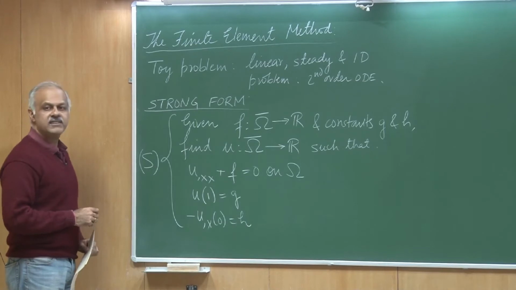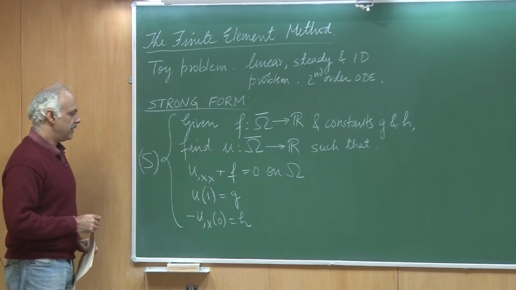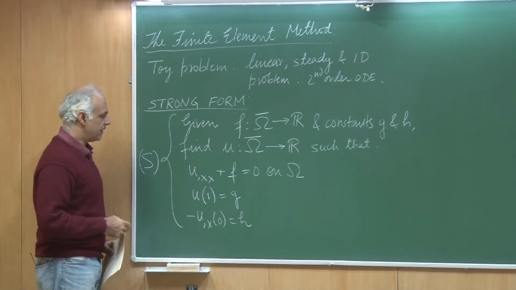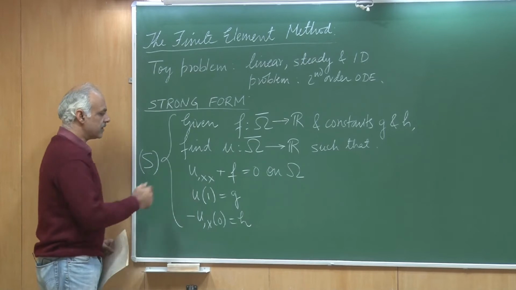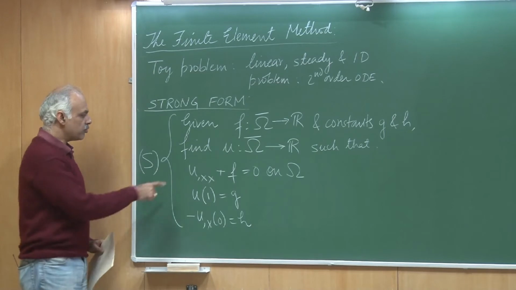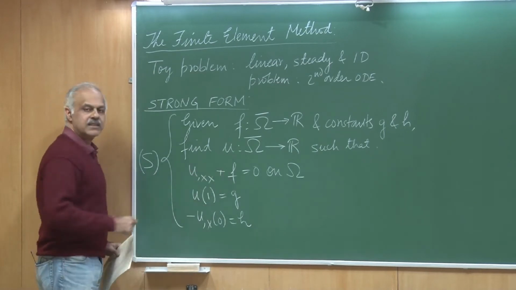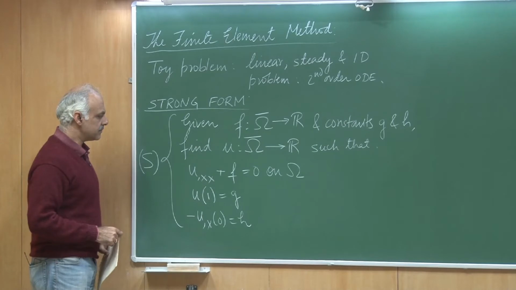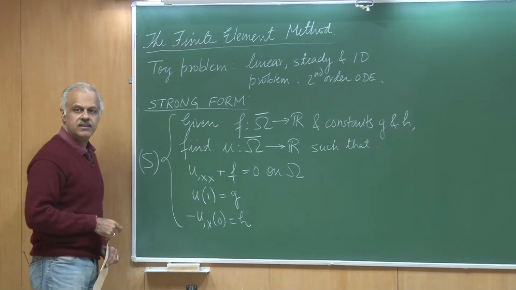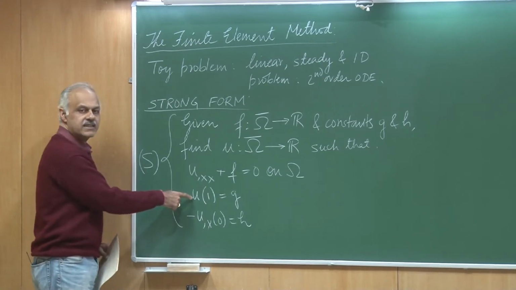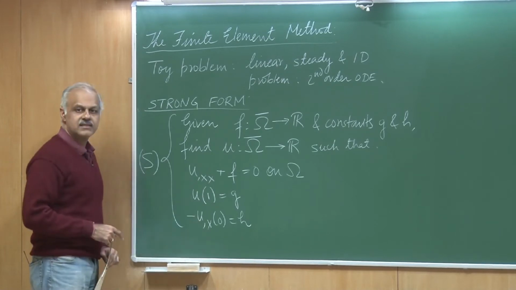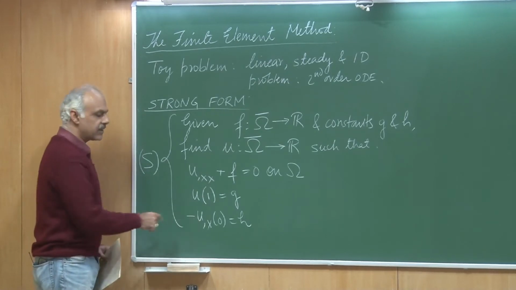So let me explain why this is called a strong form. u could be a field, for example a temperature field, and you could derive this equation very easily from the steady state heat conduction in one dimension. If u is the temperature field, f could be a heat source term, and then there could be a Dirichlet boundary condition at x equal to 1 on the temperature field, and then a boundary condition on the heat flux, that is on the derivative of the temperature field.